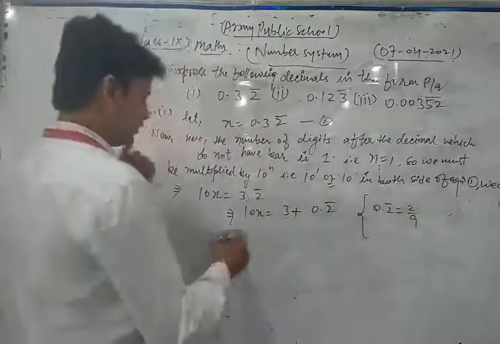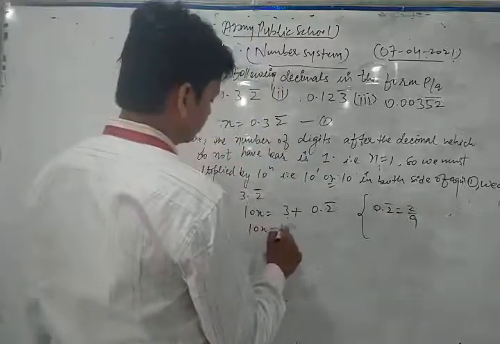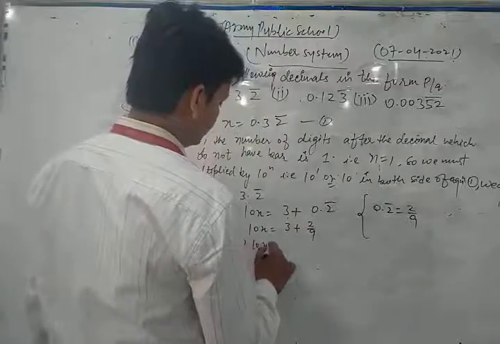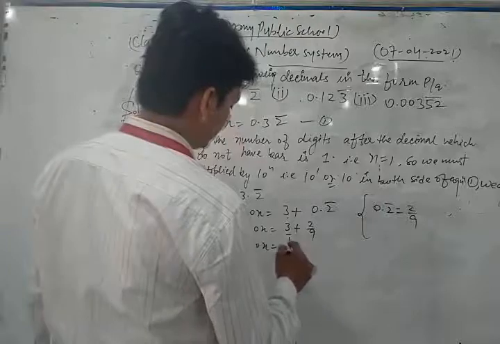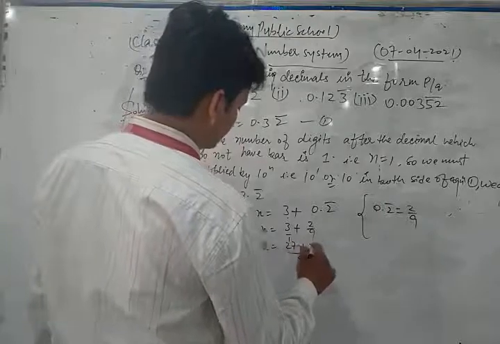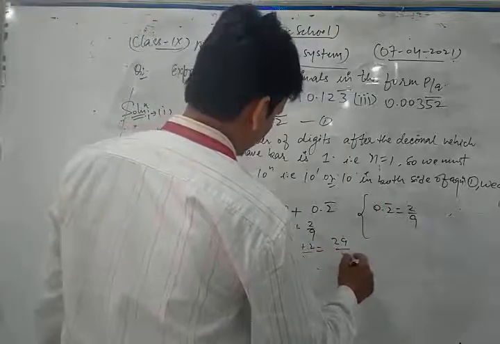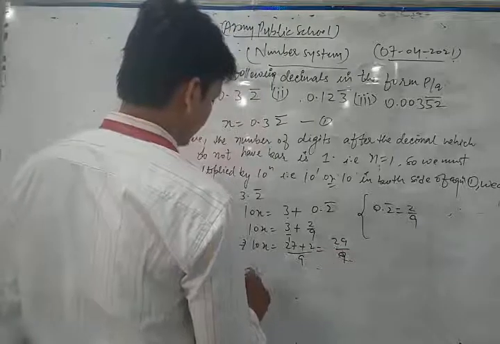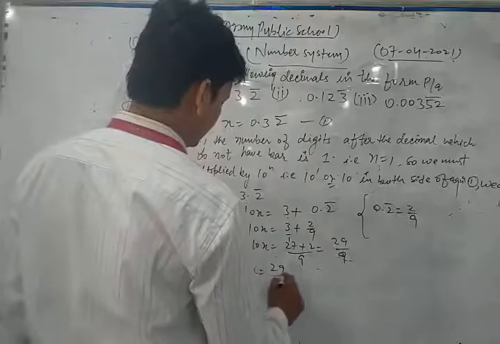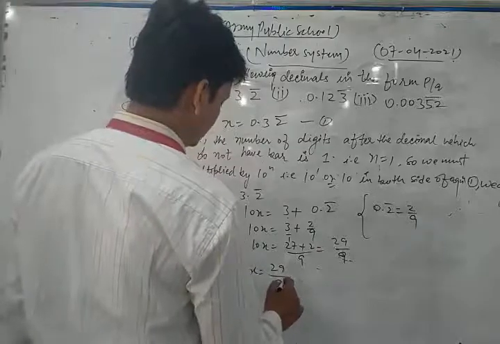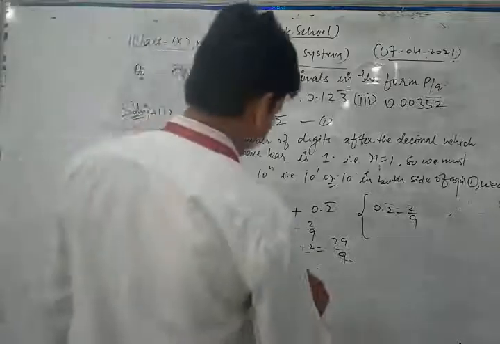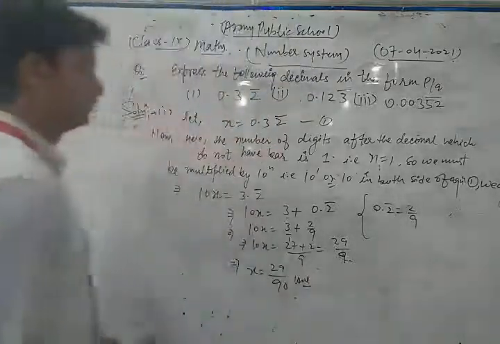So here we put 10x is equal to 3 plus 2 upon 9. Now we solve them. This is 27 plus 2, that is 29 upon 9. So x is equal to 29 upon 90. This is the required solution of the given question.